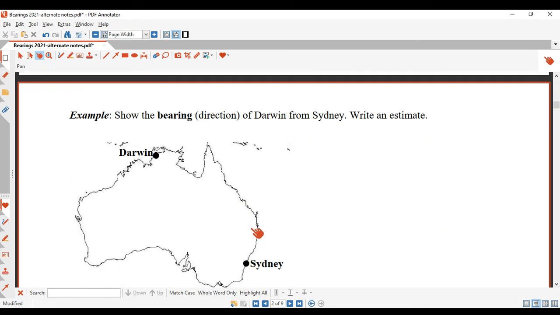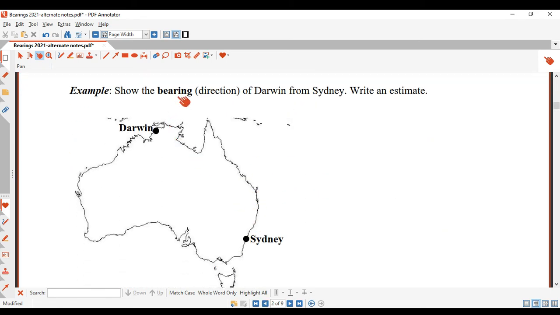Let's have a look at the first example. We're going to show the bearing or direction of Darwin from Sydney. Because the direction is from Sydney, you have to draw a line from Sydney to Darwin, and you're describing that direction with your compass rose.